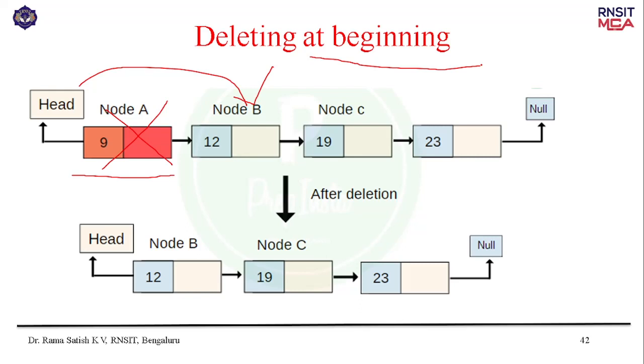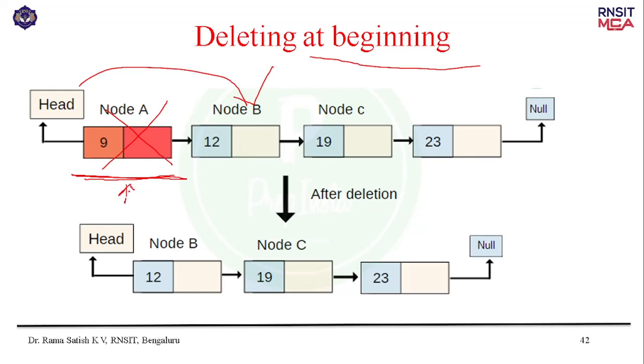So the red colored one which is marked is the element that is to be deleted. If you want to delete the first element, you have to move the head and delete this particular node. This particular node I can call the temp node, TMP. The temp node starts from the beginning.